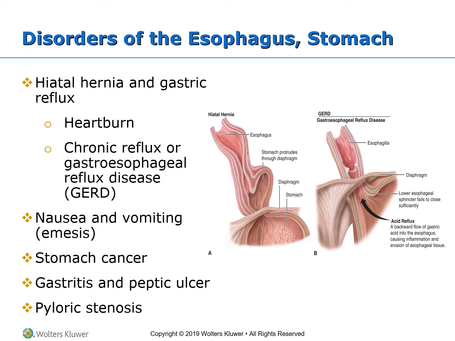Pyloric stenosis is a condition that is not very common, but it's seen mainly in infants, mostly in boys. The child is born normal, and once they start eating, regardless of whether they are bottle fed or breastfed, at a certain point they will start to develop symptoms of vomiting, projectile vomiting immediately after having a meal.